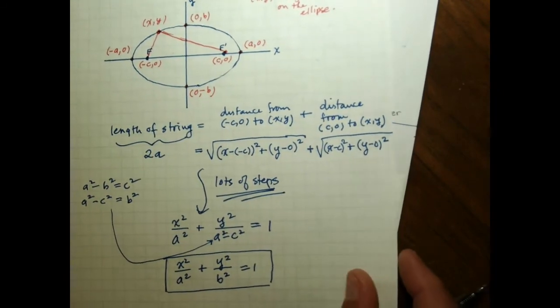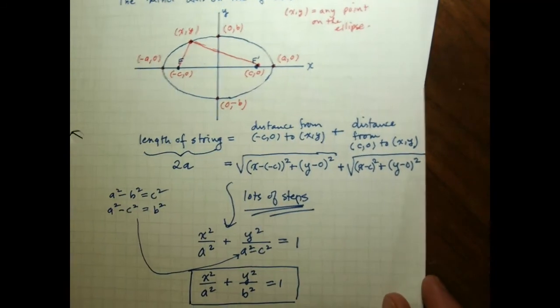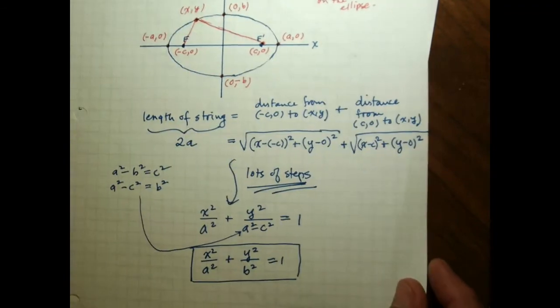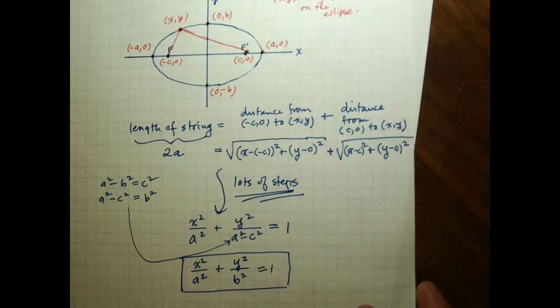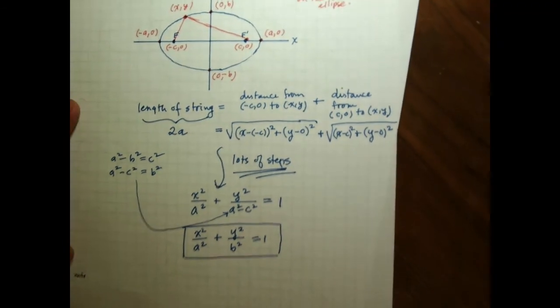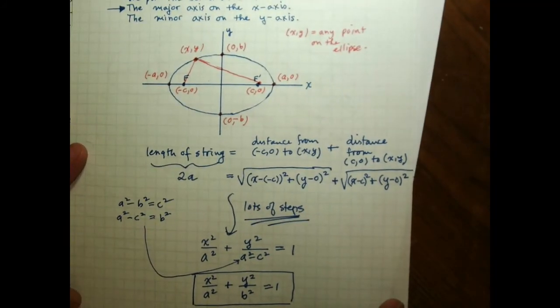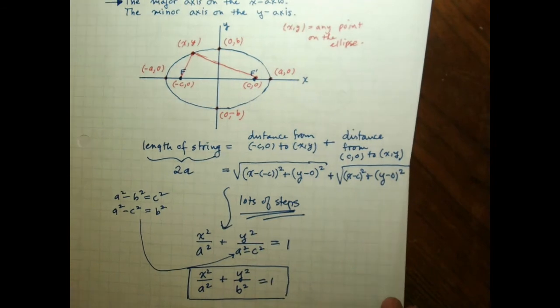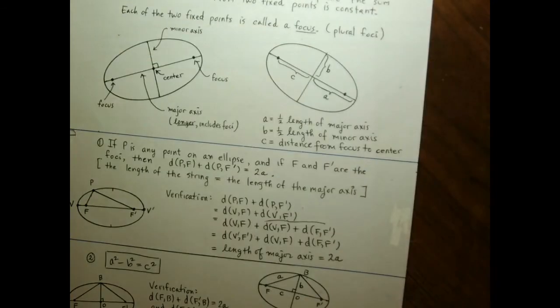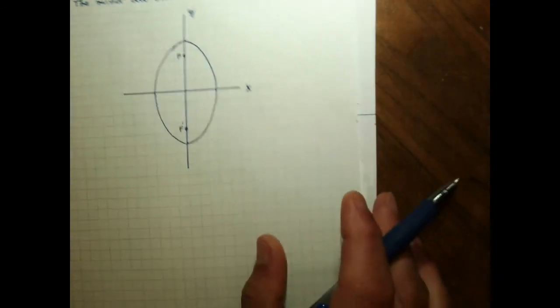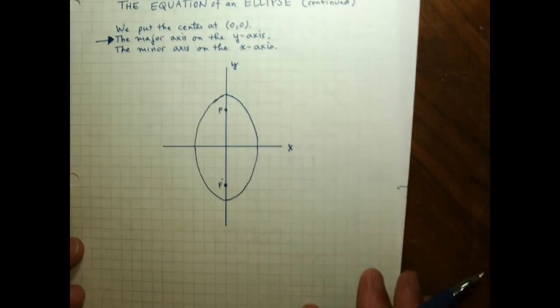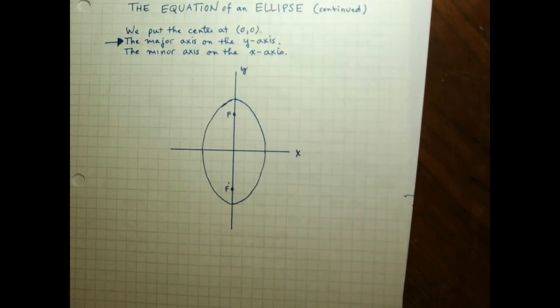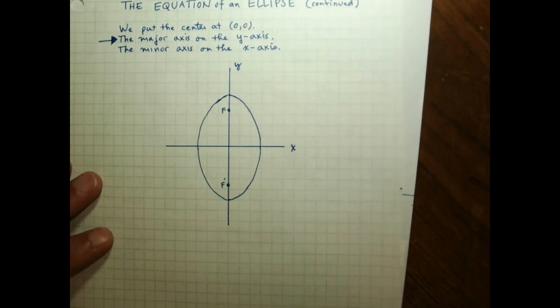And there's just a little bit more I want to say. This form of the equation depended on us having an ellipse that had its major axis on the x-axis. So what happens if we have our major axis on the y-axis? Well, there isn't that much that's different.